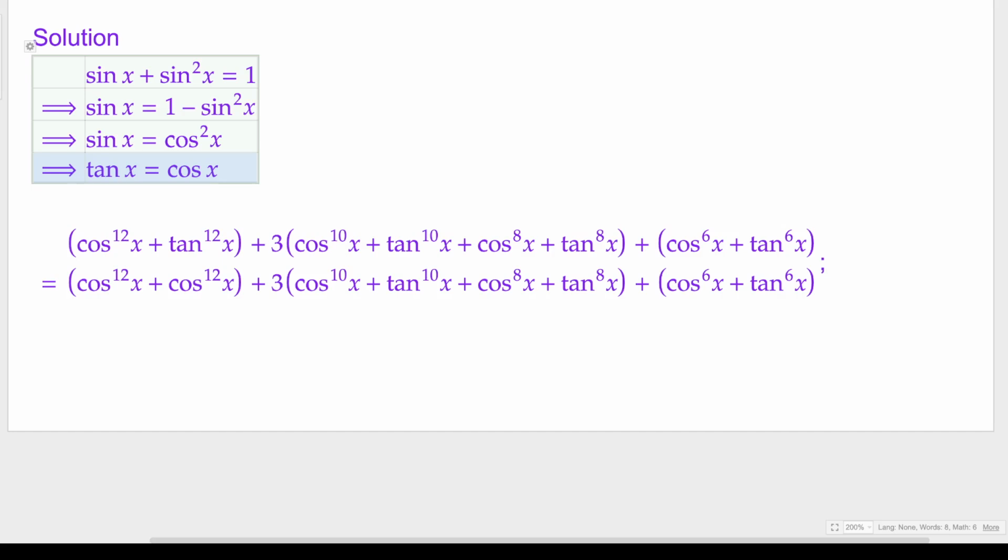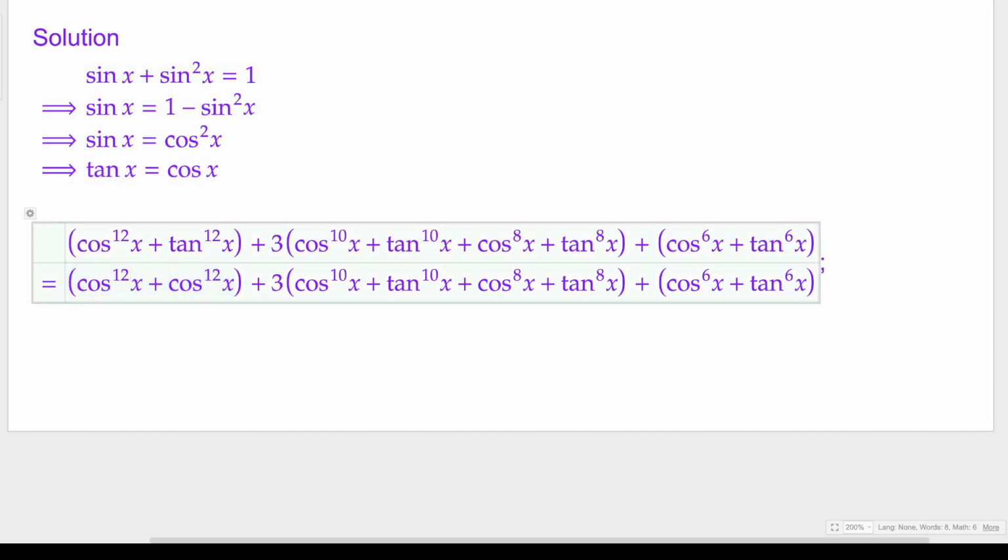So I hope this part is clear, right? Similarly, instead of this tan x power 10 we can write again cos. Similarly, for this power 8 we can write again cosine, and for the last one as well we can write cosine. So everything got converted to cos just because we have extracted this piece of information.